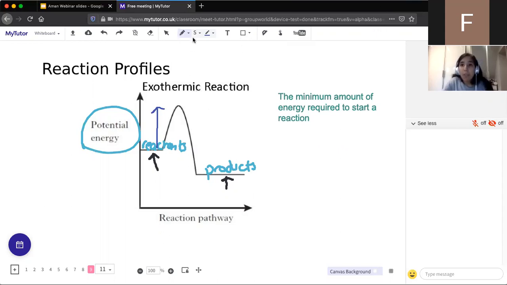Okay, the final thing we need to be able to label then is the overall energy change. Does anyone know where the overall energy change is on the diagram? Where do we label that? The overall energy change. Or can anyone describe it to me?